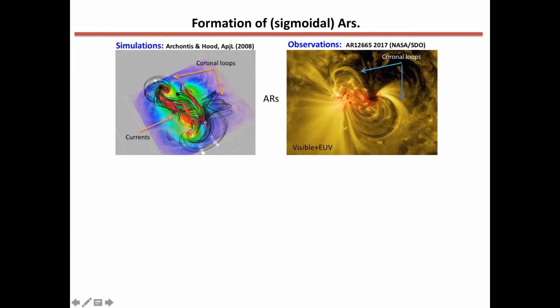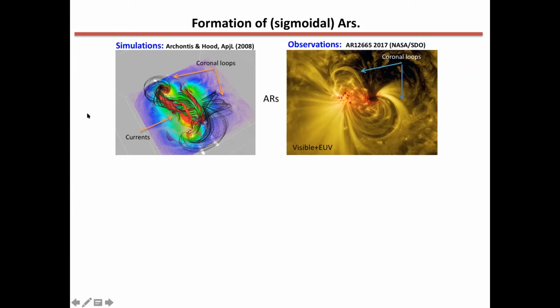It's very complex. So this is from the simulations, this is obviously observations, and there is a lot of heating in these current sheets. As you see, you don't have simple, small and monolithic filaments of current sheets here. You have a network of current sheets where you have acceleration of particles, you have a lot of heating.